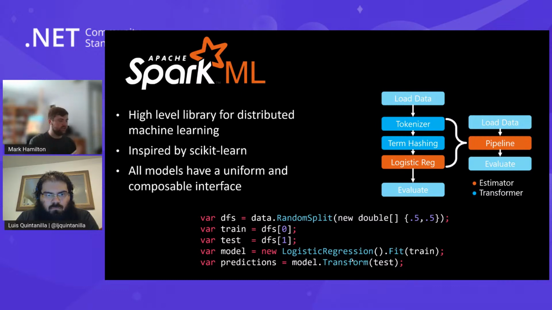Just change that new logistic regression to new GBM classifier or something like this. And there's also a nice API for composing these machine learning models into pipelines, so that you can take multiple machine learning components and abstract them away into a much larger compositional machine learning component that you can move around and apply to new data sets as you see fit.